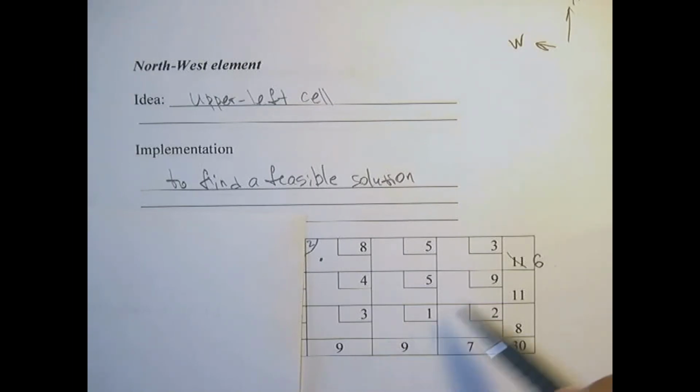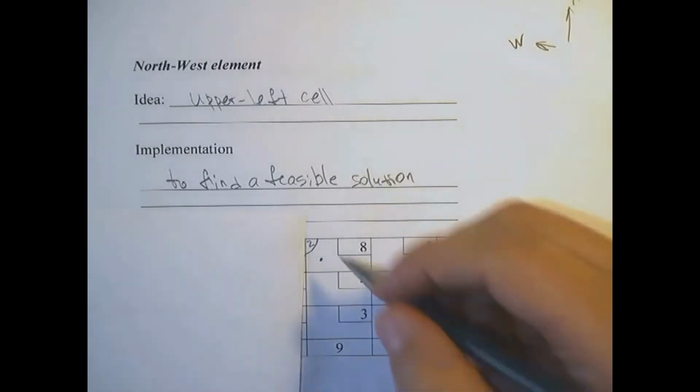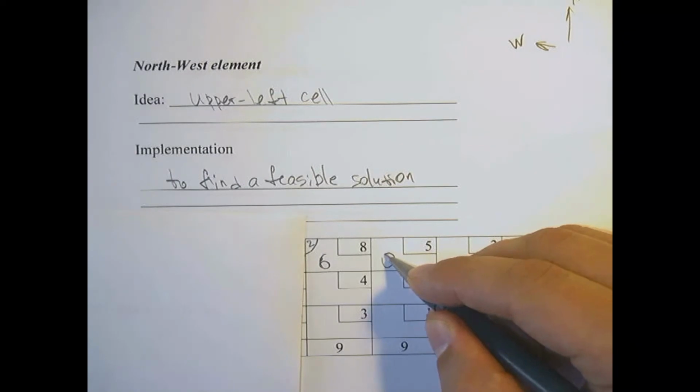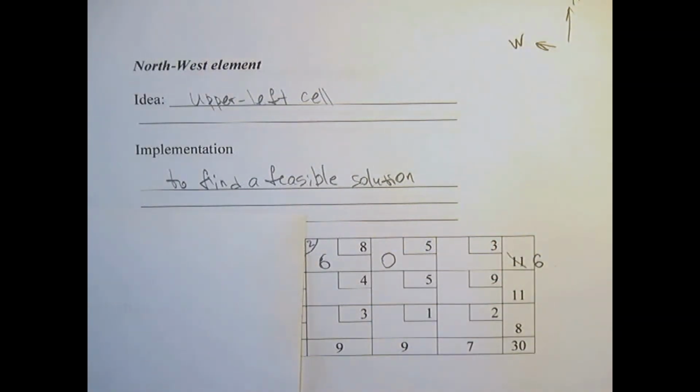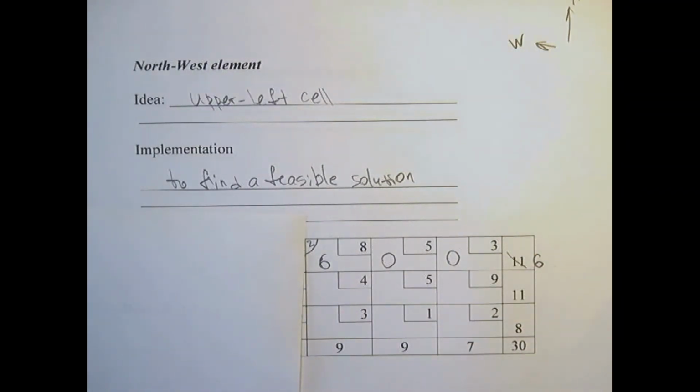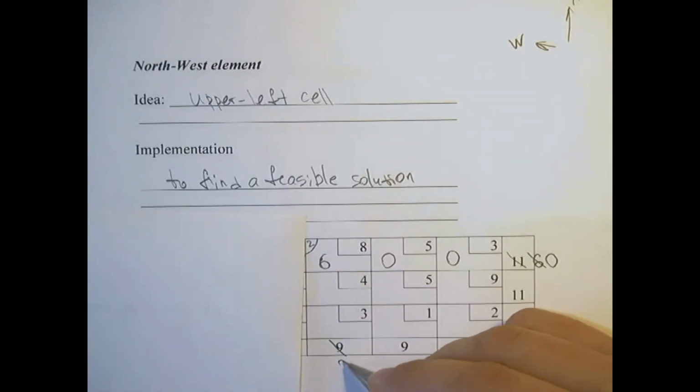We once again choose the minimum from 6 and 9, and the minimum is 6, and we write down 6 here. And now the first supplier is empty. He has no more chocolate, so he cannot send anything to customer number 3 and customer number 4, so zeros are here. The remaining supply is 0 for the first supplier, and the remaining demand for the second customer is 9 minus 6, which is 3.